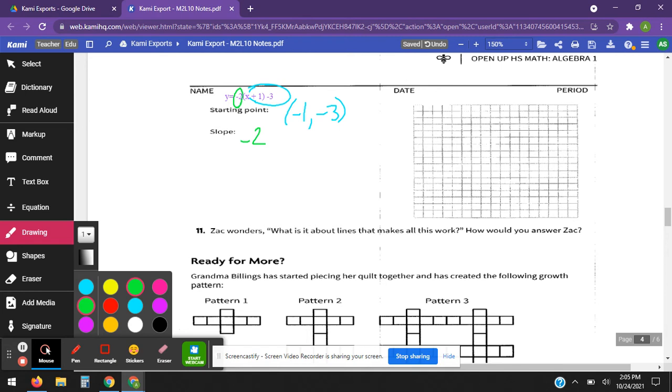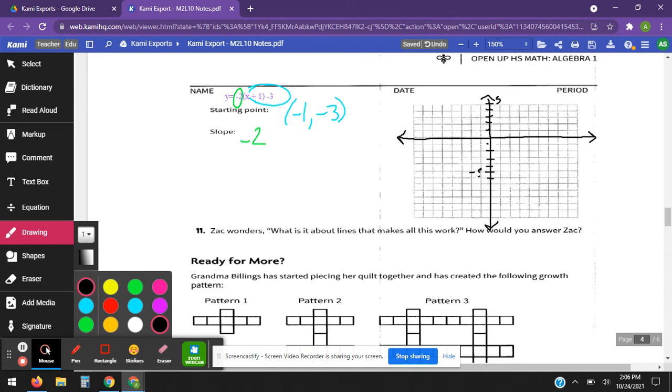So then I can go over here to my graph paper. I'm going to go ahead and just put some lines in here. Looks like it's going to go, if it's negative slope, we better have some space down. 1, 2, 3, 4. There's 5. 1, 2, 3, 4.